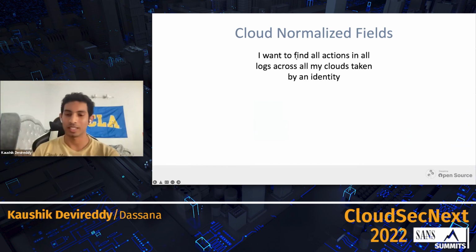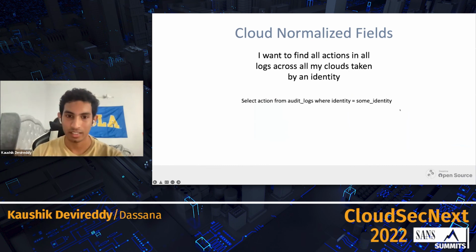Now, we can answer this question in a much simpler way. Again, we're trying to find all the actions in all the logs across all my clouds taken by a specific identity. We can write the following query: select action from audit logs where identity matches some identity. And now that we have these YAML files that contain the mappings of these different cloud logs, we can write code that expands these different fields into that ginormous query we had before internally.